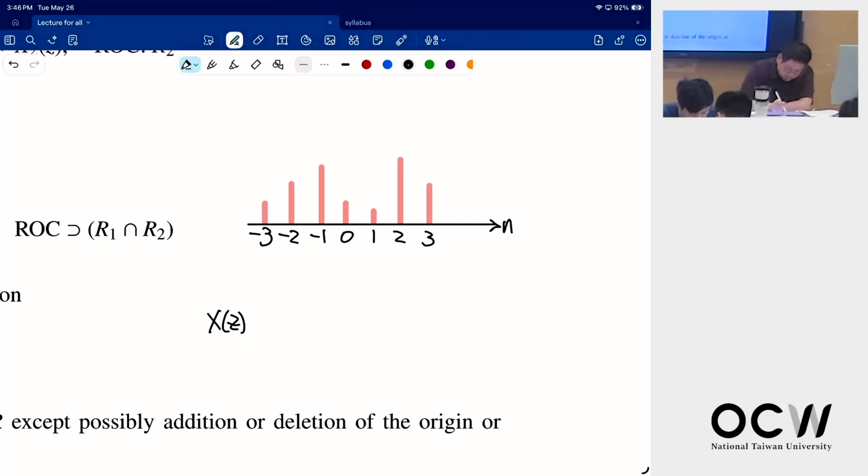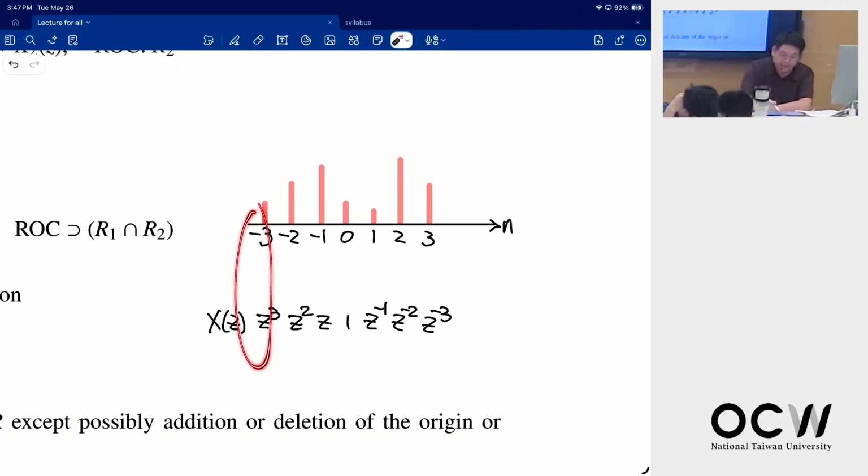The Z transform here, minus 3, that's Z cubed. Minus 2 is Z squared. Minus 1, that's Z. And then 1, Z to the minus 1, Z to the minus 2, Z to the minus 3. The value times Z cubed, the value times Z squared. What is X? If I shift by 1 to the right, everything will shift to the right.